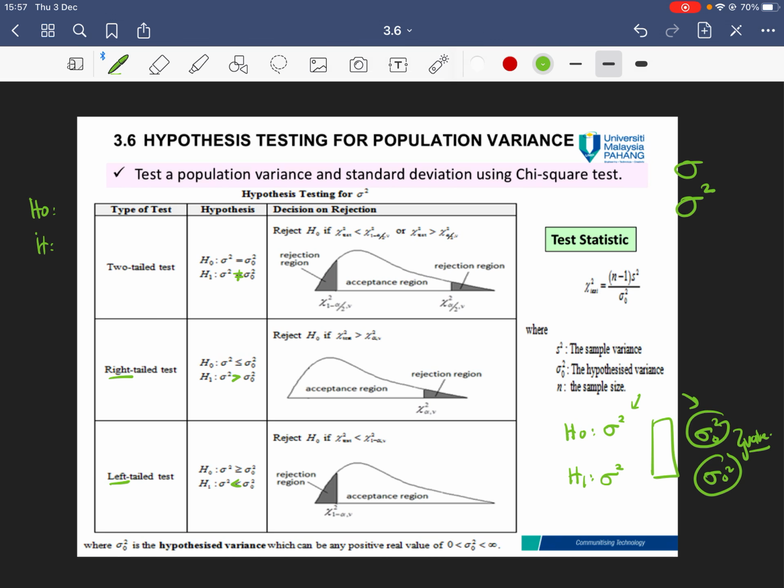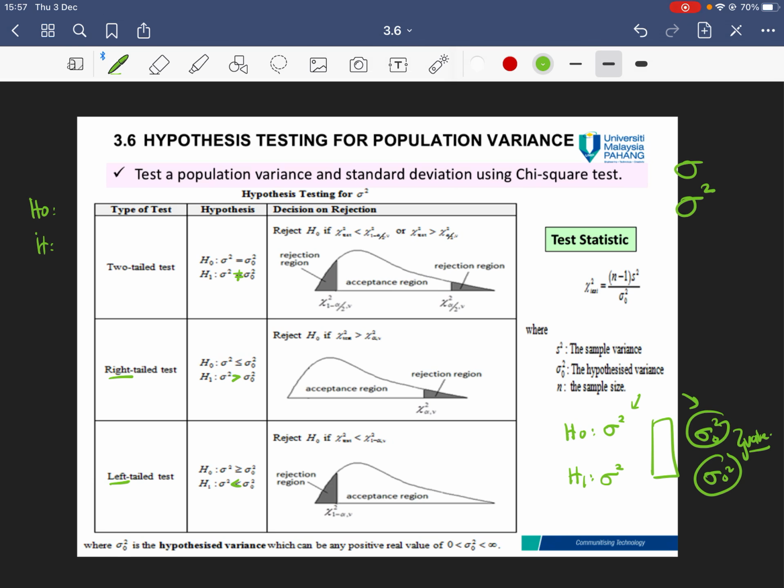Notice here the decision or rejection region in chapter 3 is no longer a normal distribution. So here we have a chi-square test, skewed to the right. Your data now is no longer symmetrical. Your data now is skewed to the right, so it is no longer symmetry.